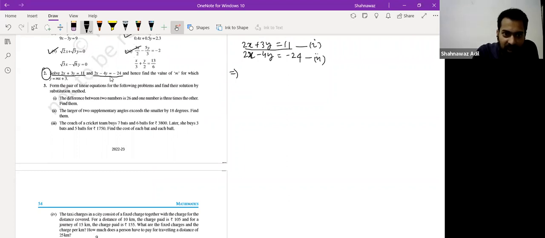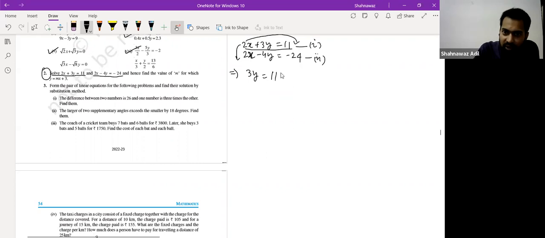So where were we? So first we have to find y. Adil, you tell me, from this equation we have to find y. So we have to move it here, right? So 3y will be what? 11 minus 2x, right?